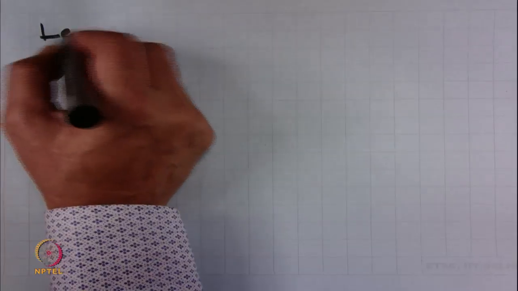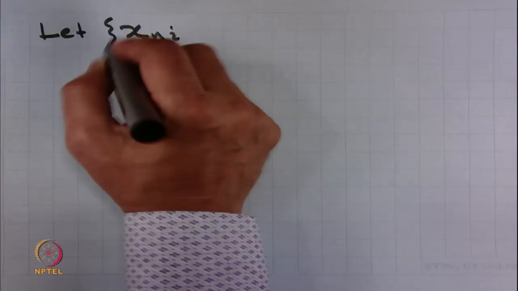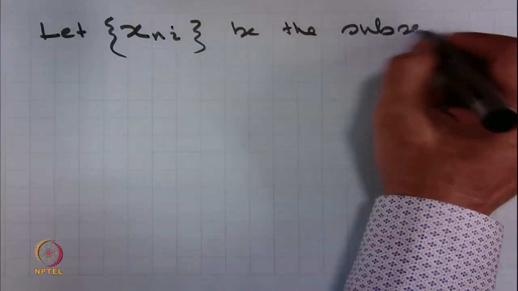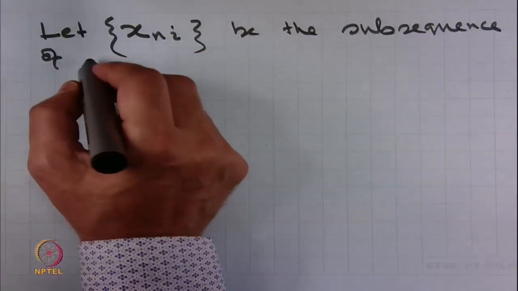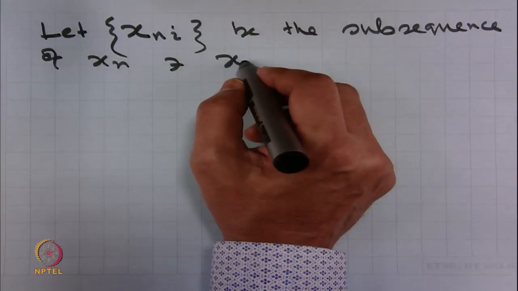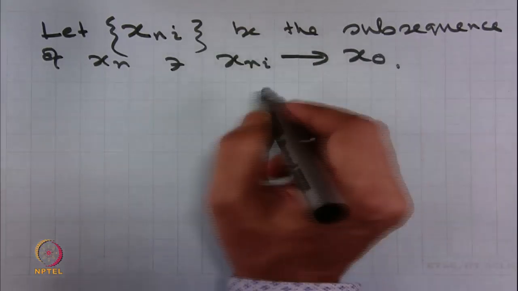Let x n i be the subsequence of x n such that x n i converges to x naught.